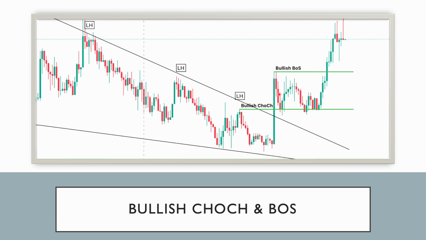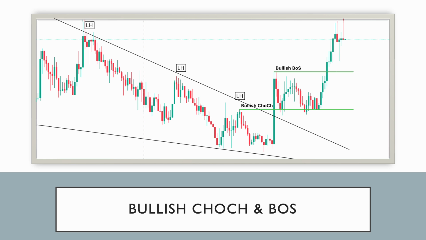And you can see that after such a move, price was in a consolidation period, and once this green candle surpassed this bullish change of character candle, then we consider it a bullish break of structure, and it's an indication of continuation, trend continuation.